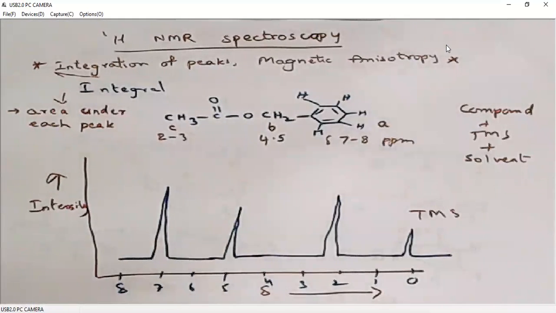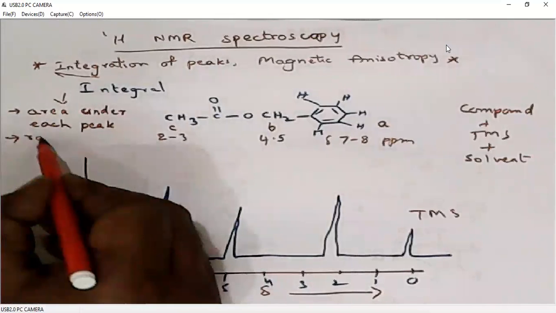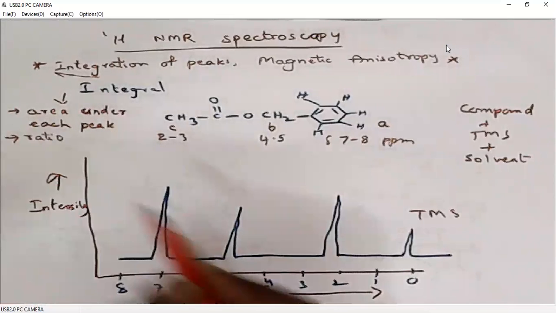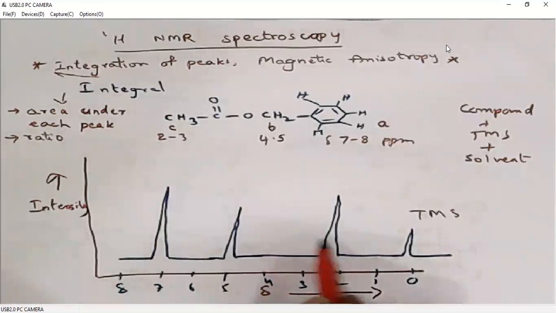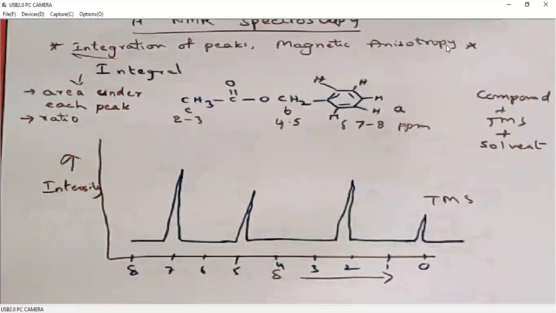Then when we calculate the area under each peak, what information can we get? When we take the ratio of peaks, for example these two peaks, then we will get the relative number of protons present in a peak.